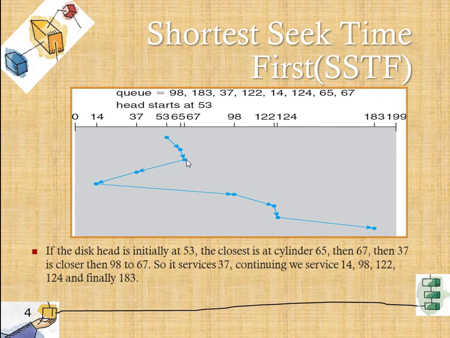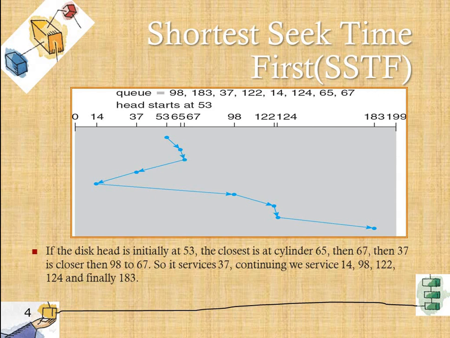Now from 67 we again need to check which request has the minimum seek time. The next can be either 37 or 98. As we know, from 67, 37 is closer than 98.